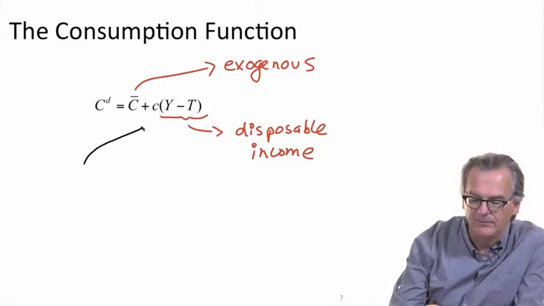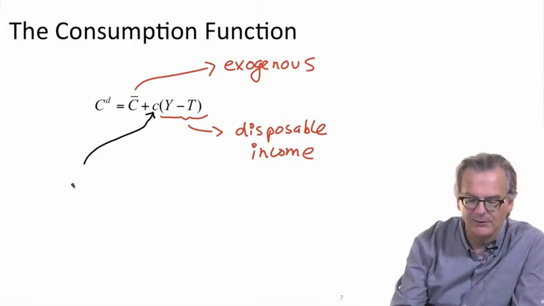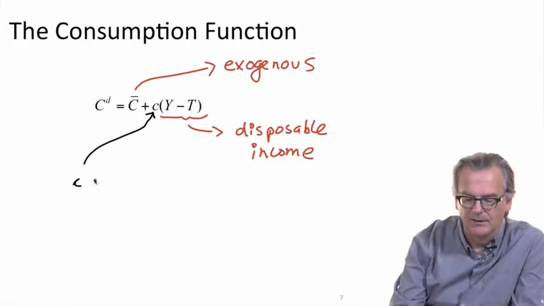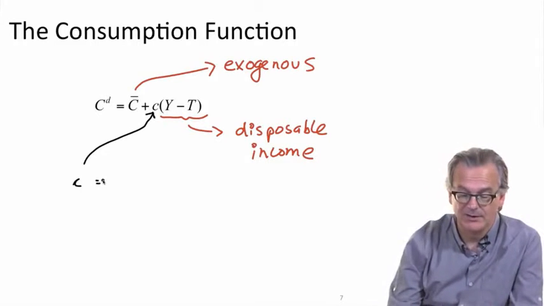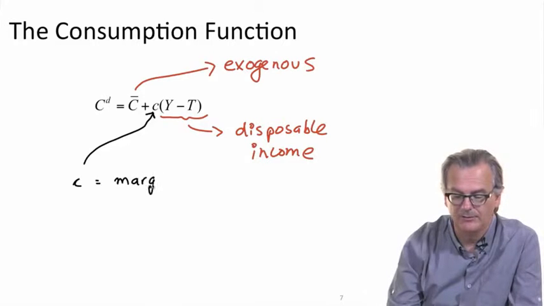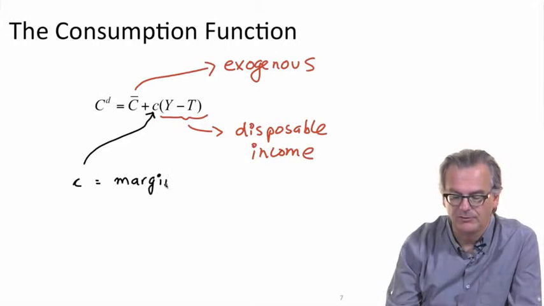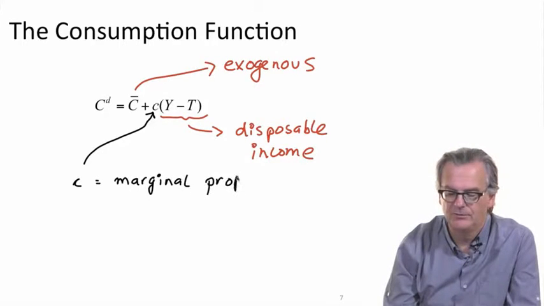That leaves this term here, lowercase c. Lowercase c turns out to play a very special role in this analysis, which we'll develop fully as we go forward. It's known as the marginal propensity to consume.